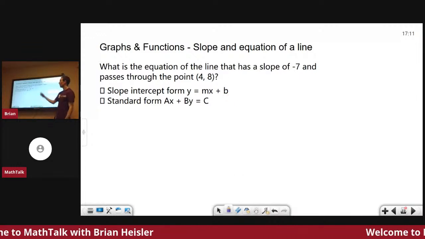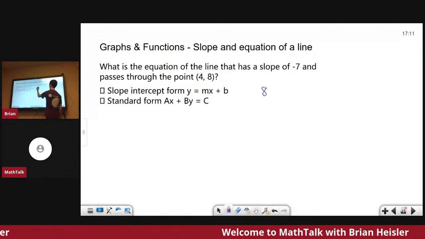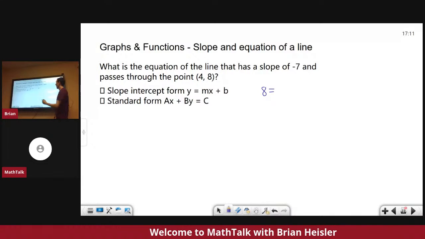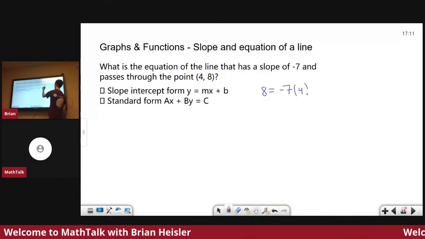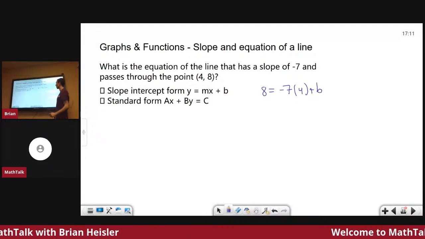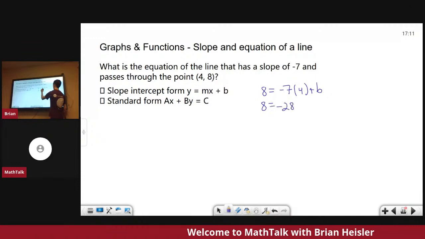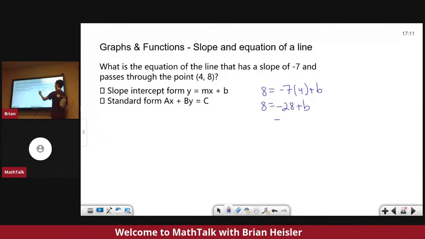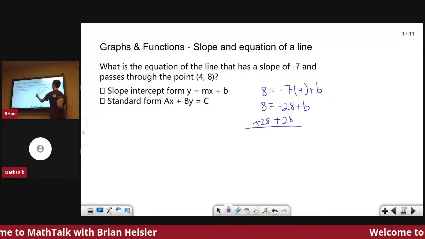Let's go ahead and plug in the values we know to solve for that. So y, which is 8, equals m, which is -7, times 4 plus b. Do a little math. I get 8 equals -28 plus b, and then add 28 to get b by itself.